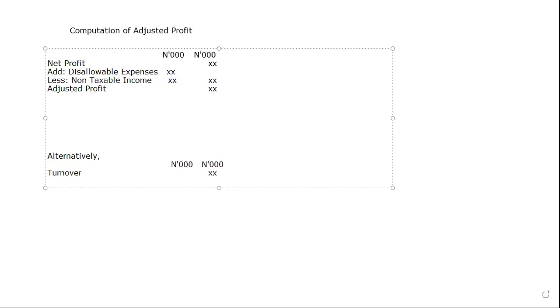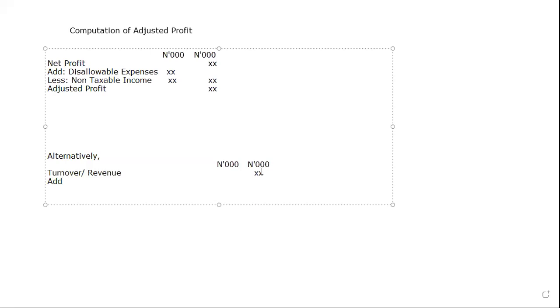Turnover or revenue, right? Less allowable, sorry, let me start from the top.